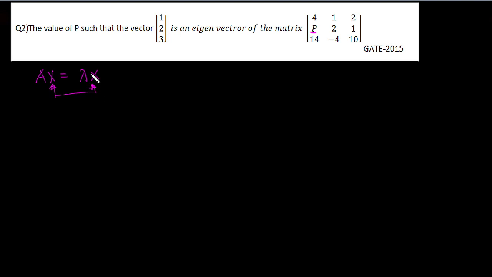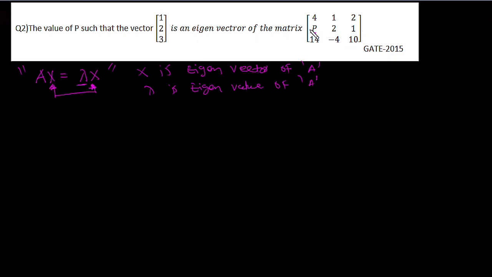So if this condition is satisfied, we can say that x is an eigenvector of A, and this scalar lambda is the eigenvalue of matrix A. This is the necessary condition that a vector must satisfy to be an eigenvector of this matrix.